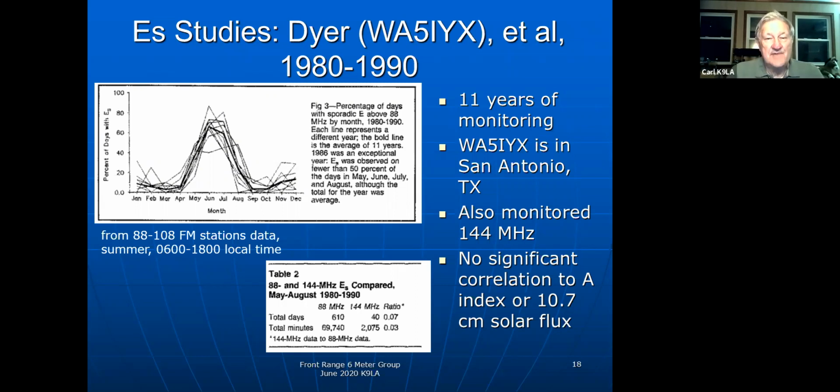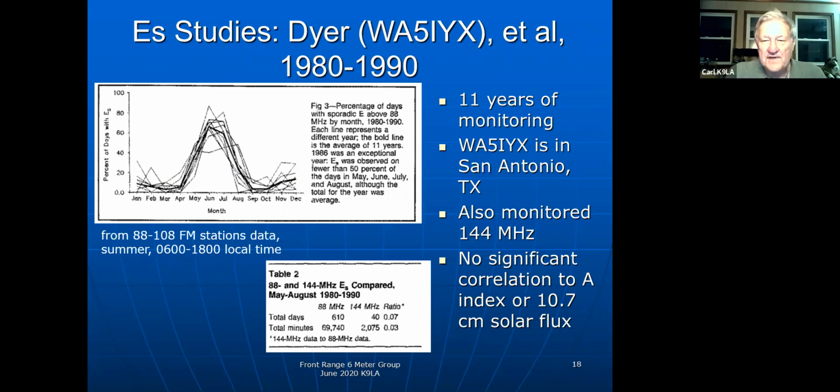That's quite a bit. He also monitored 2 meters, and that little graphic at the bottom shows that 2 meter sporadic E is about 7/100ths of the sporadic E at 88 megahertz. And he also calculated it in time of minutes, about 3/100ths as much at 2 meters as at the FM band.